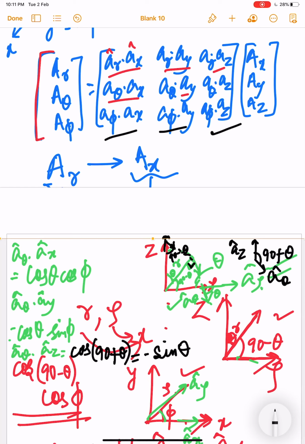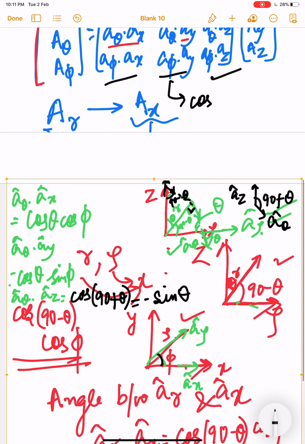In cylindrical coordinates also we had seen this. So a phi dot ay will be cos, you can see it over here, this is phi. So what will be my direction of a phi?